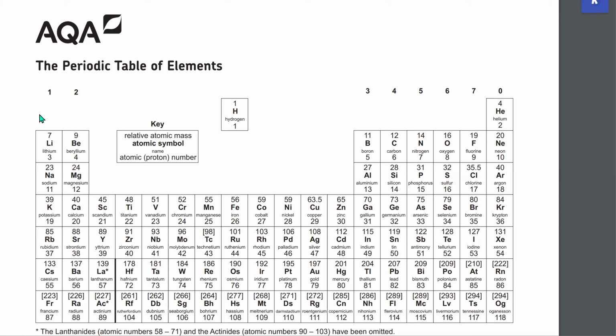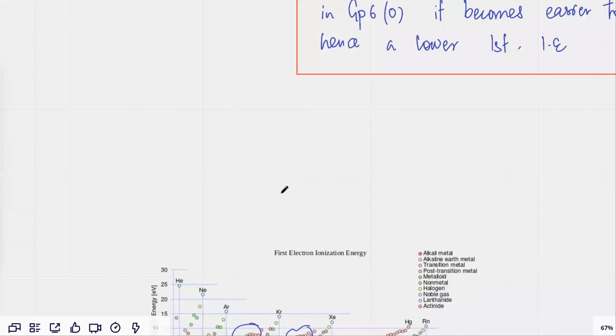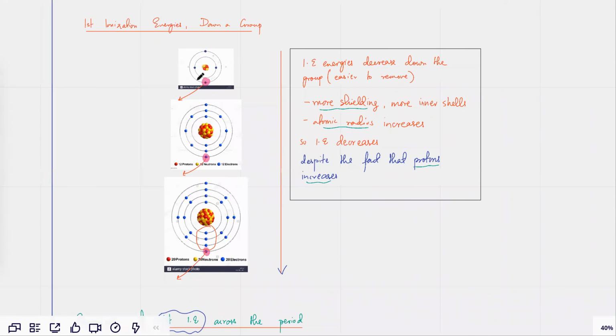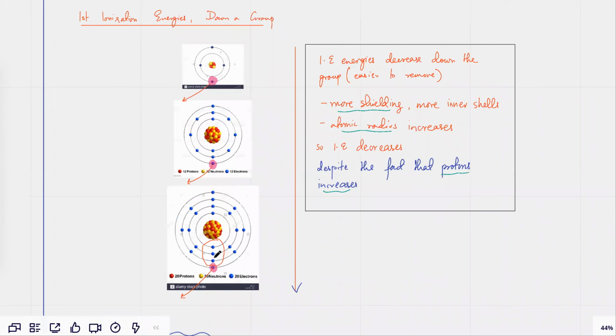What happens to the size of atoms as you move down the group? It increases, it becomes bigger. Down the group, the number of shells constantly increases.